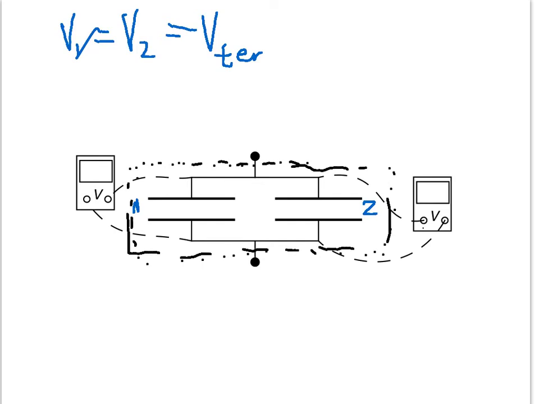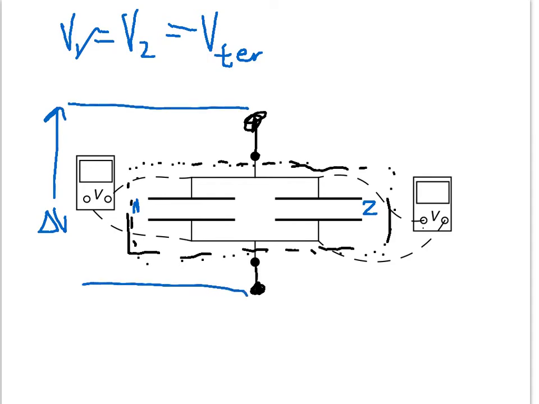We can just look at what's going on at this terminal and this terminal, and we can measure the voltage from one terminal to the other, but we don't know what's going on inside. That's going to give us a way of thinking about the equivalent behavior. But in this case, what we find is that the terminal voltage is the same as the voltage over either one capacitor.